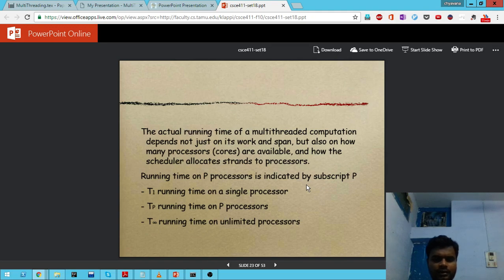The actual running time of a multithreaded computation depends not just on its work and span, but also on how many processors are available and how the scheduler allocates the strands to processors, etc. So the running time on P processors is indicated by subscript P. The running time of the entire algorithm on a single processor is basically your serial execution, and when these spawn and sync keywords are removed, the entire algorithm is basically the serial form.